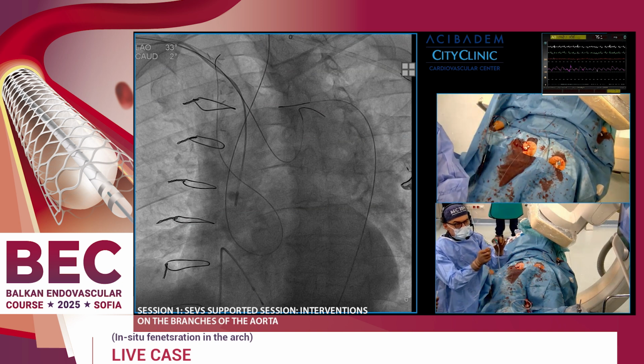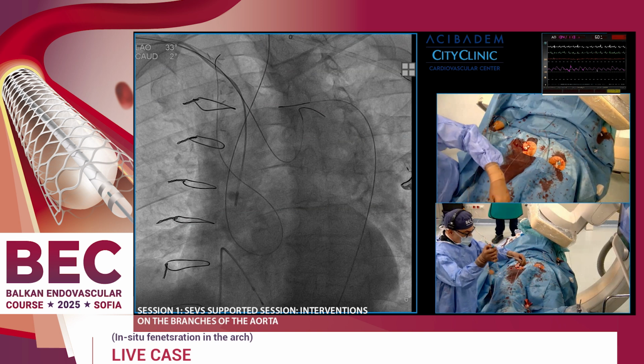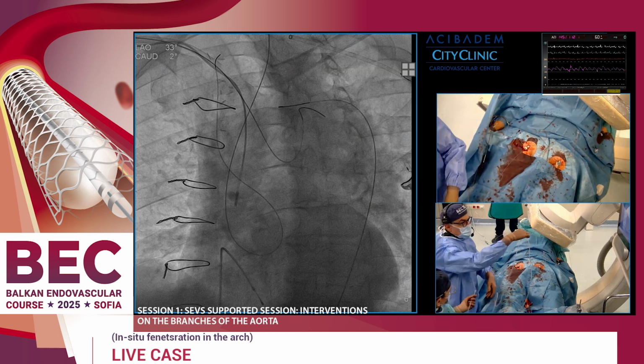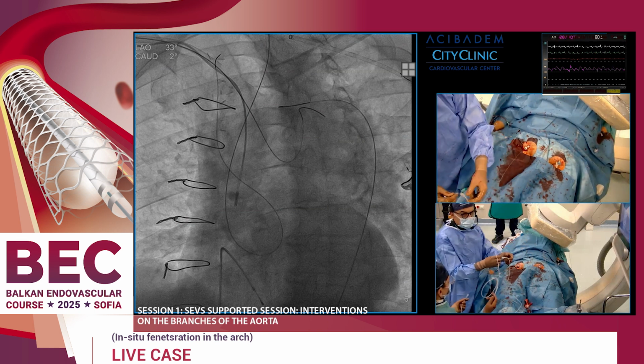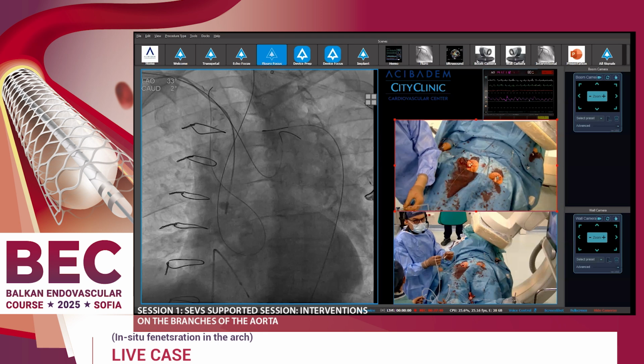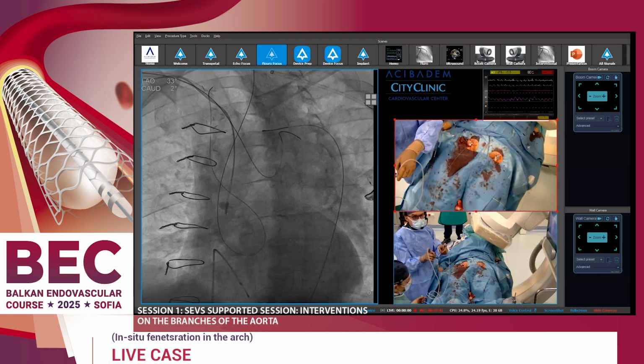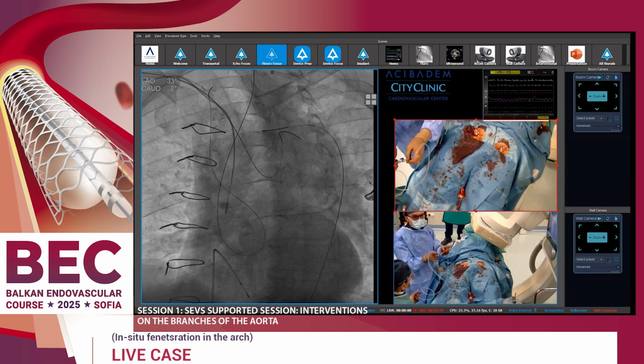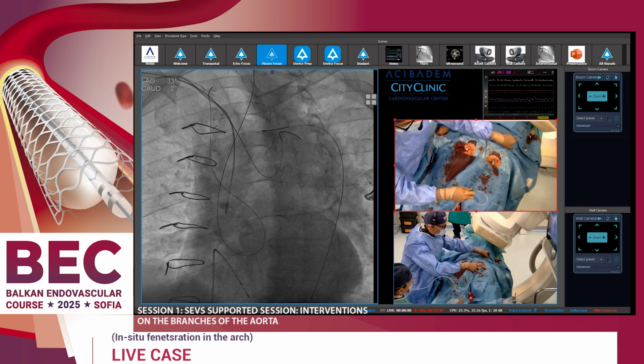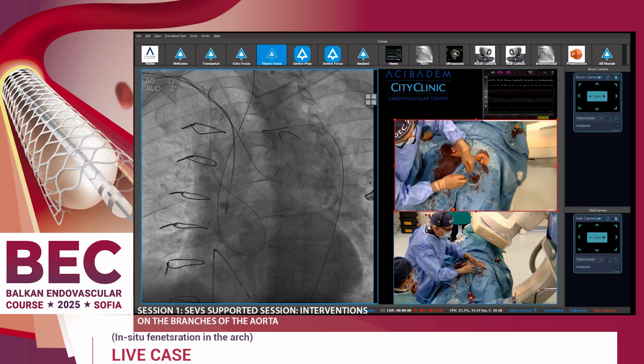So we have to connect this to the 8 French femoral, and there is a splitting of the flow from the 8 French femoral.